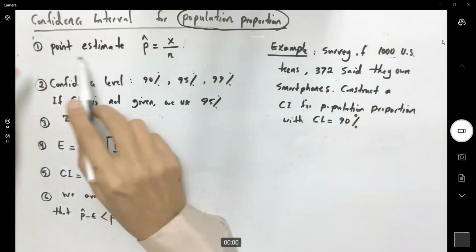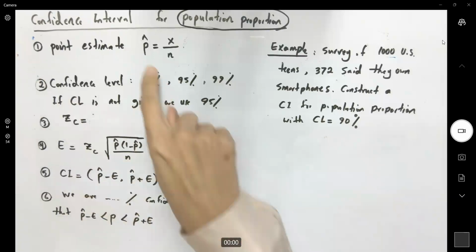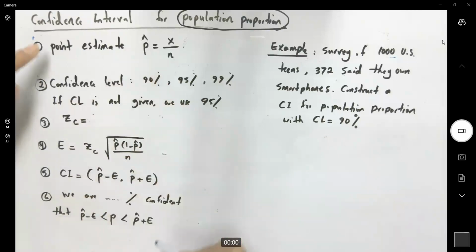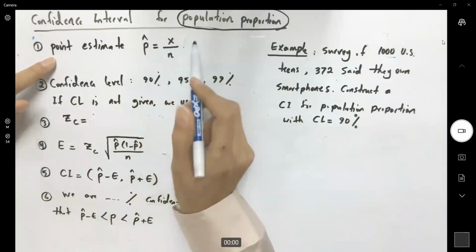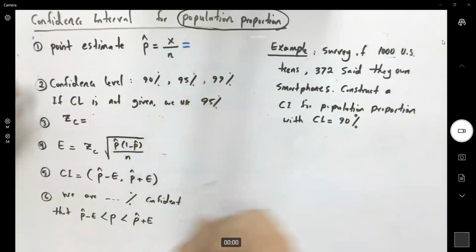So what is the very first step? The very first step says construct your point estimate p hat, which is the number of successes divided by n. What is X?